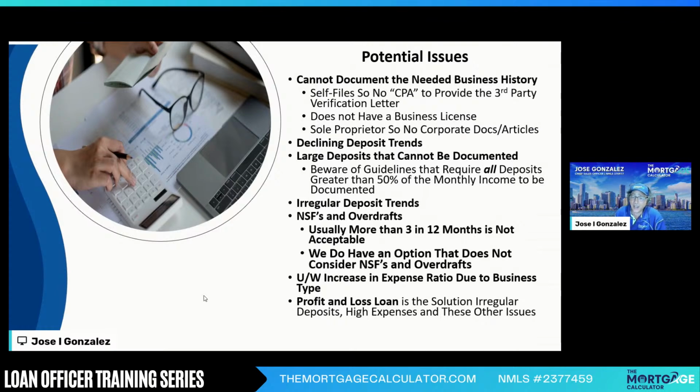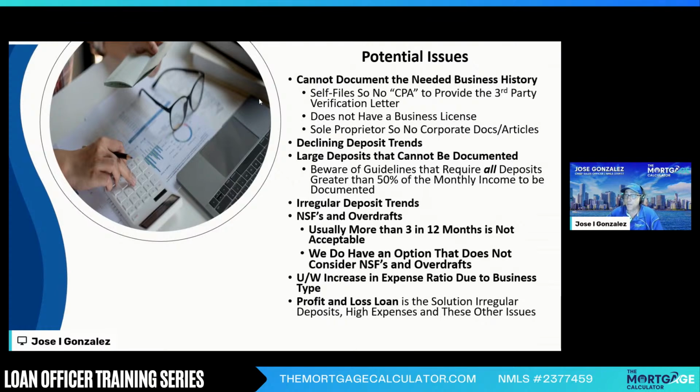You're running a retail store, the profit margin's not so high, you've got more overhead, you've got 3 employees, we're going to have to knock you down to a 40% expense factor, or 50%, or in some cases 60%, depending on the business type. That is a judgment call by the underwriter when they have those types of scenarios, where they can make that kind of call when they have the tables. And I'll show that to you again in the slide.